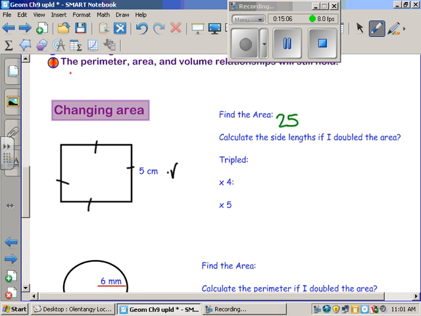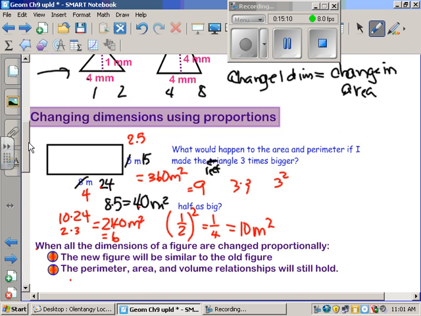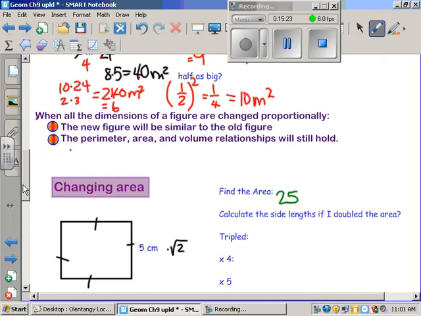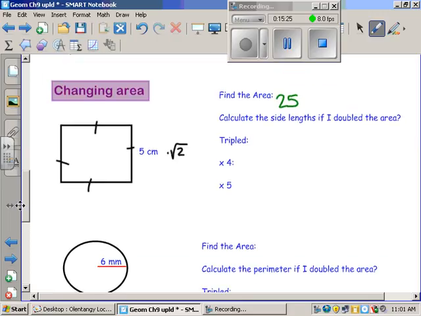because again, remember back up here when we tripled the sides, the area went up by 9. So the change in the sides was the square root of the change in the area. So if you doubled the area, the sides would go up by the square root of 2.